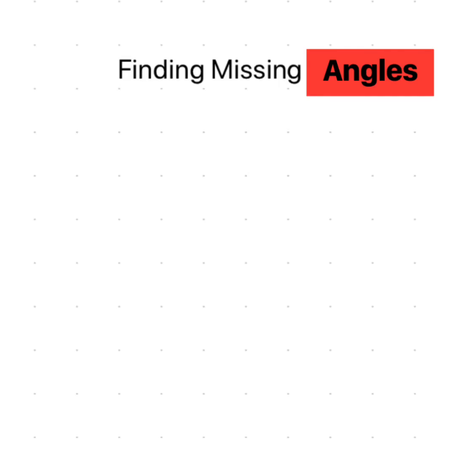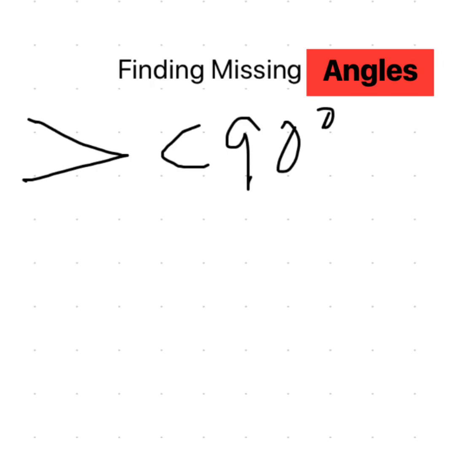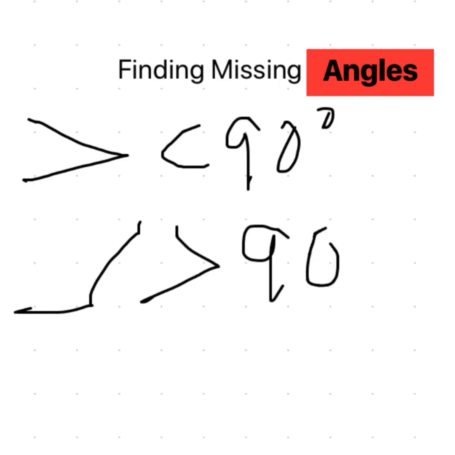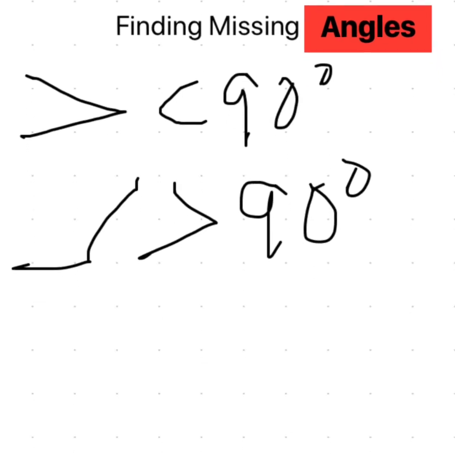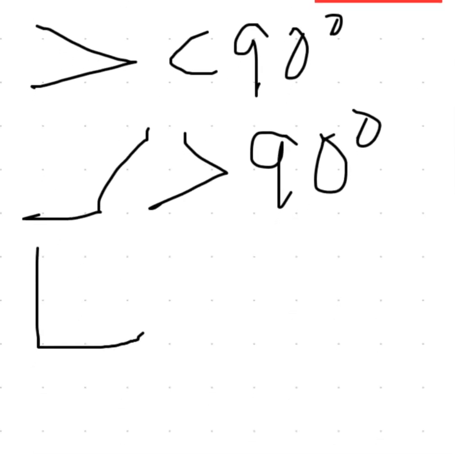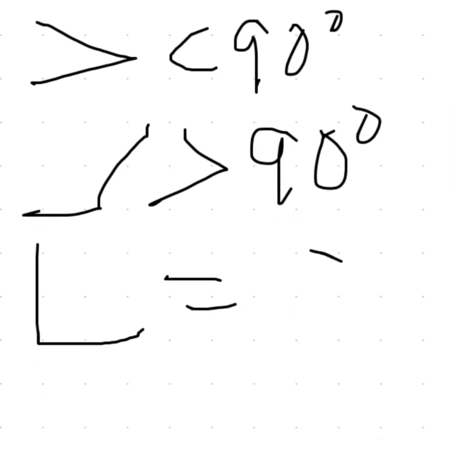We learned a couple weeks ago about angles, and we know that there are acute angles, which are less than 90 degrees, obtuse angles, which are greater than 90 degrees, and right angles, which equal 90 degrees.